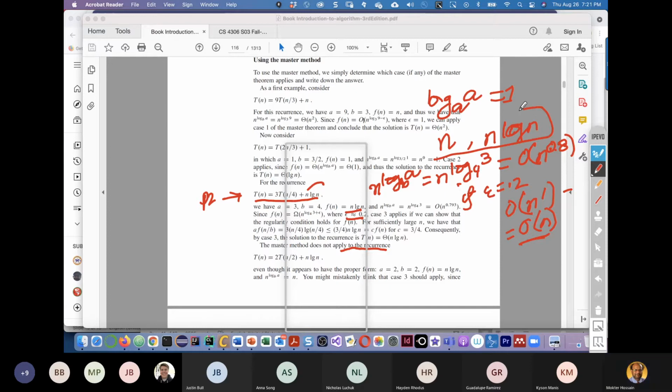So for all n values, this comparison does not become stable. For instance, for n equal to 1, what do we see on this side? n equal to 1, and this side n log n equal to 1 times log 1 equal to 0.